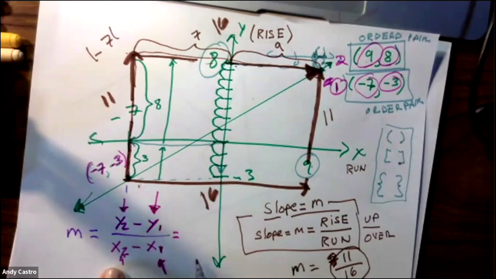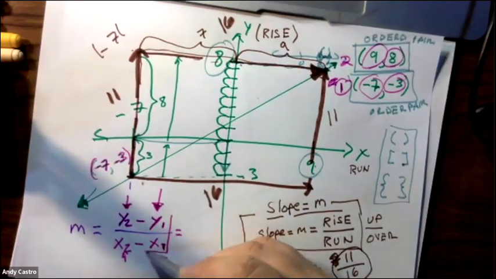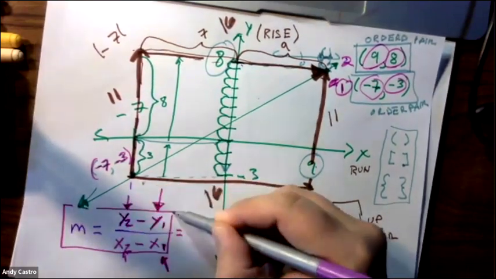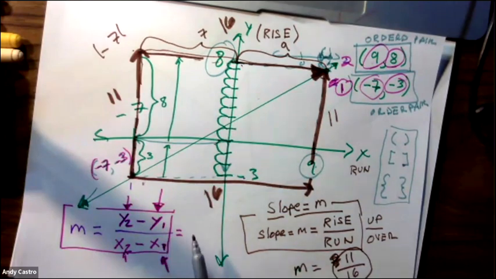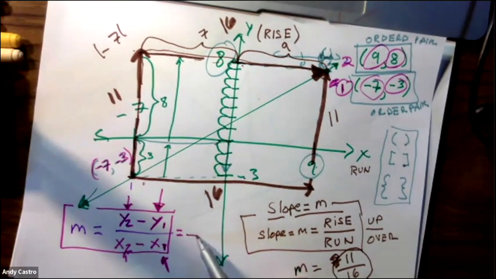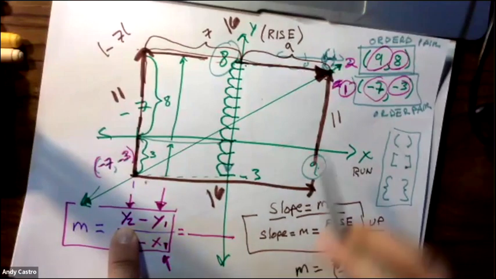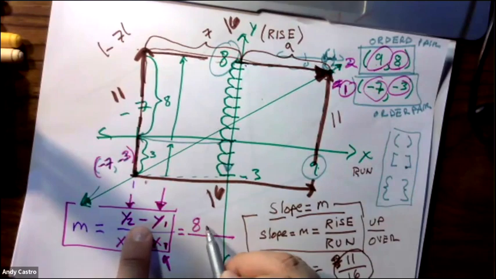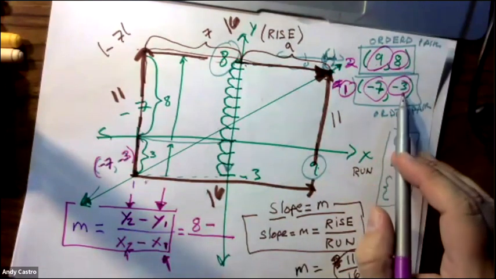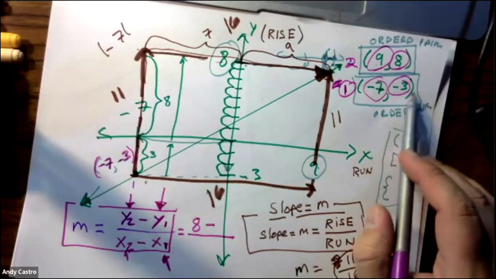All right, so now this is my equation. The slope is equal to y2 minus y1, that quantity, divided by the quantity x2 minus x1. So now let's fill that in. Y2 is 8 minus y1. First point, the y component.